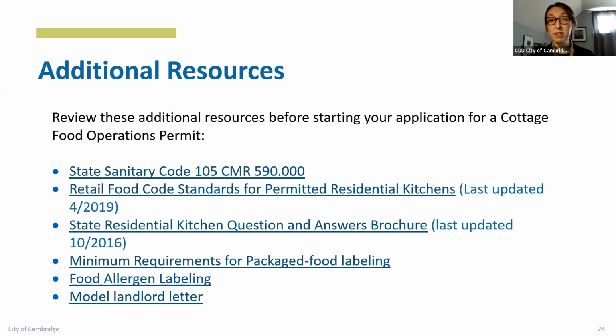These are very helpful because the questions that you have are certainly questions that others have had. And so there's a lot of information that you can get from those brochures. We have a list for some minimum requirements for packaged food labeling. That's going to be very helpful as you sit down to think about how your labels are designed, including information about food allergen labeling and the model landlord letter that I mentioned earlier.